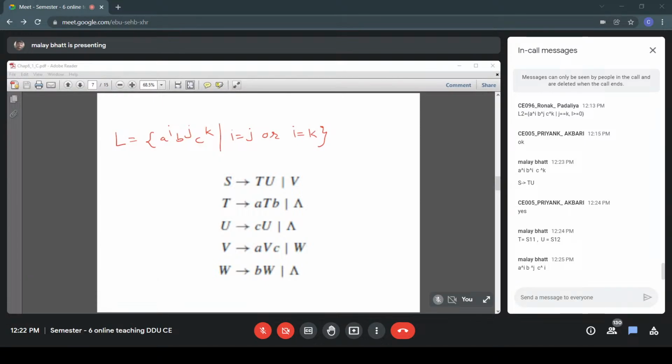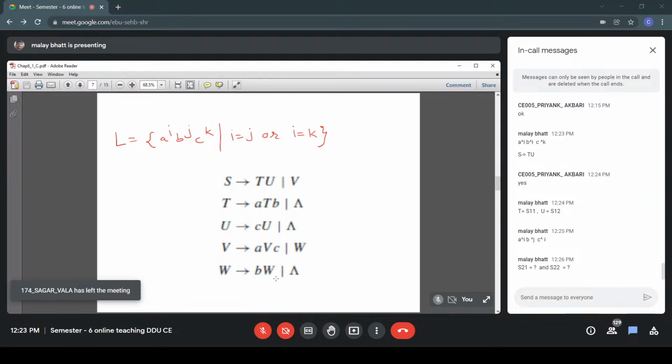Let us match this. What will be S21 here, and what will be S22 here in this grammar? Yeah, if you can say, you can give the answer. There is no issue. You understood the thing. Whatever you have written in that window, it is straightforward now.